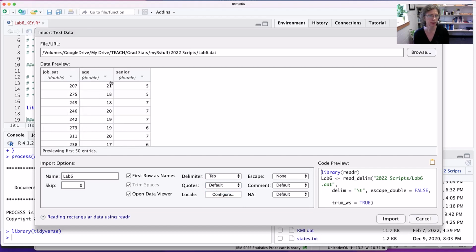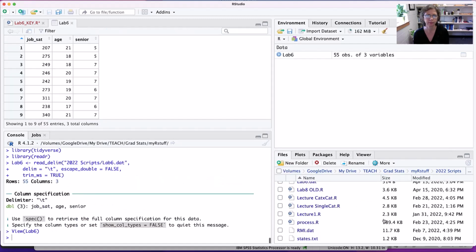And they're all continuous, so we don't have to set any factors or anything like that. And I just called it Lab 6. I have 55 observations of 3 variables. That's good.